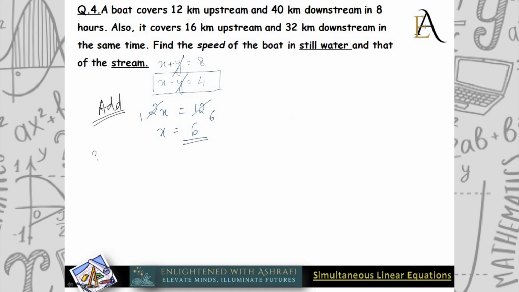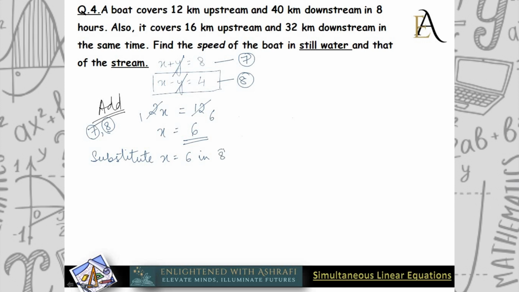Let's substitute this value. We had finished the equation 6, so this will be 7, 8. So we are adding equations 7 and 8. And now we'll substitute x equals 6 in either of the equations. What if we put it in, say, 8?